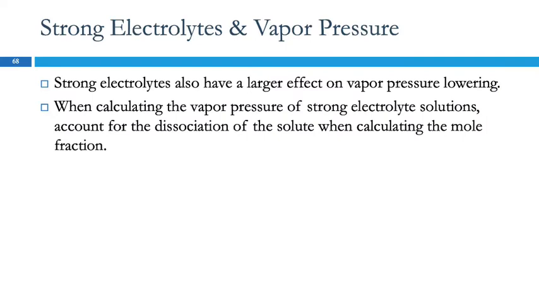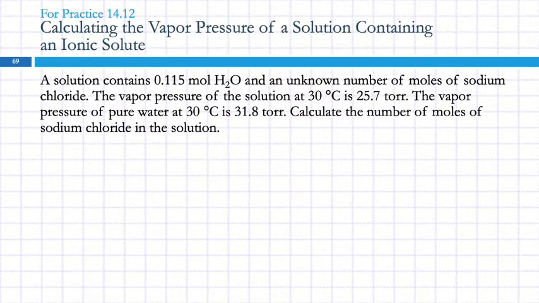So strong electrolytes will also have a larger effect on vapor pressure lowering. So when you're calculating the vapor pressure for a strong electrolyte solution, you need to take that into account when you're calculating the mole fraction. So let's do that here.